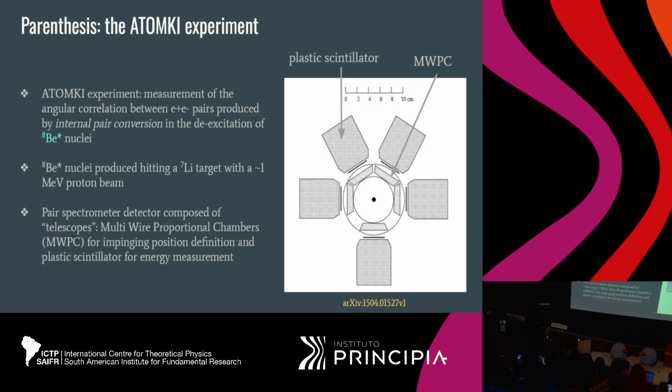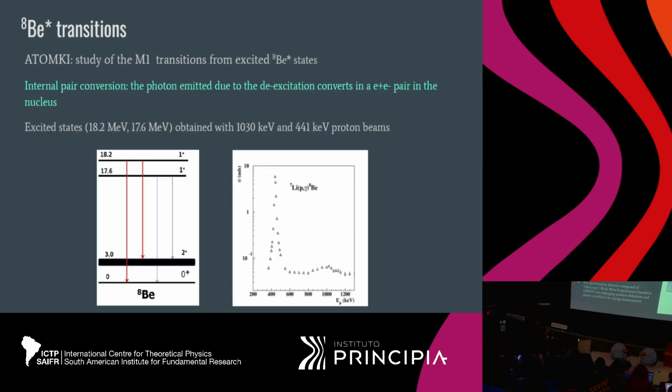But they have a detector surrounding the target, which is made of plastic scintillator, and again some kind of tracking, which in this case is a bit different, but again what it does is measure the impinging position of the particle. So when you have an electron and positron exiting from your target, you can measure both their angle of emission and their energy.